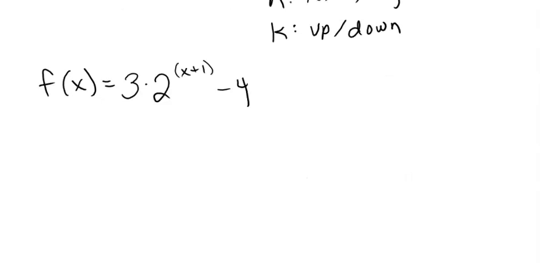In this example, we notice that our a has a value of 3. That means that this is going to be a vertical stretch by a factor of 3. We see up here we have x plus 1, so we know h is really negative 1, moving us to the left 1, and k is minus 4, so this is going to move down 4.